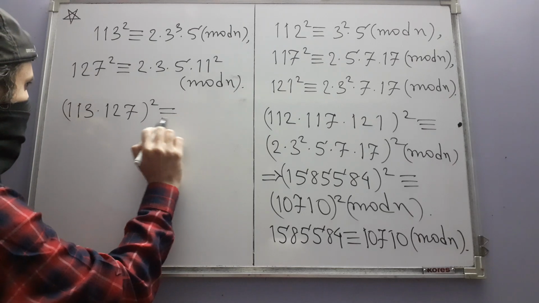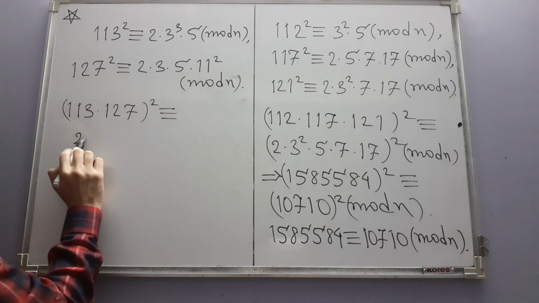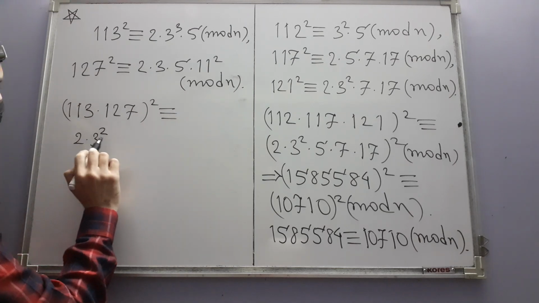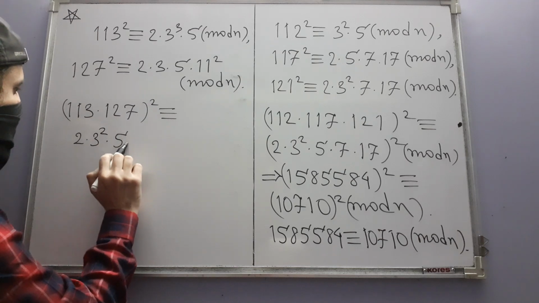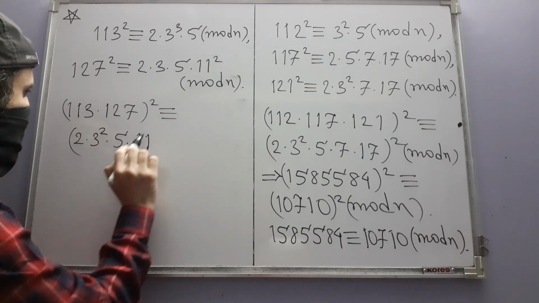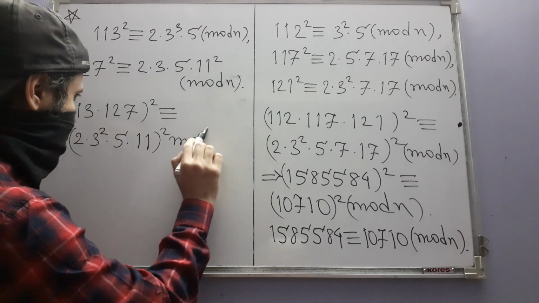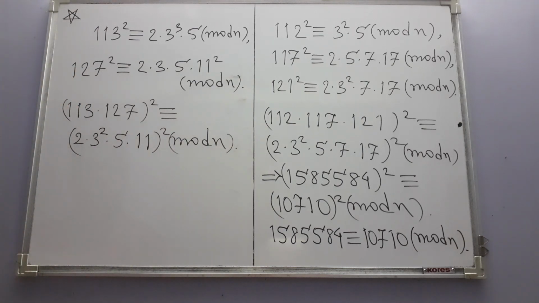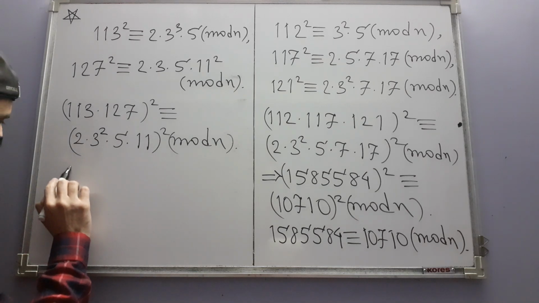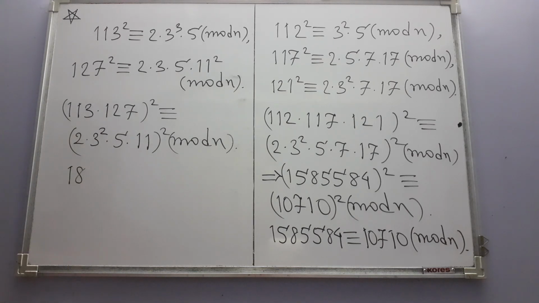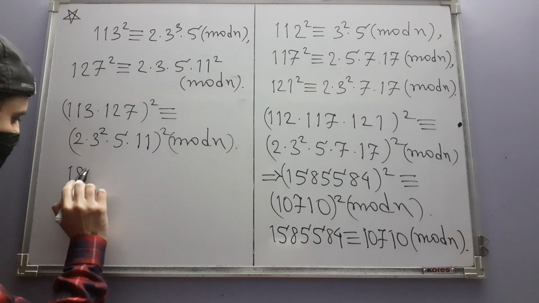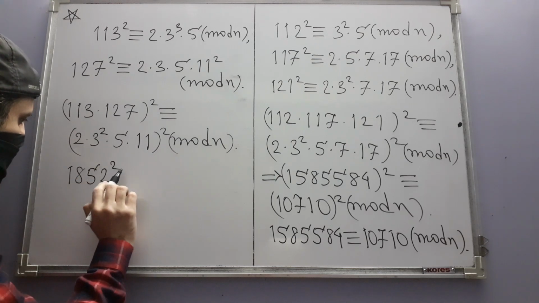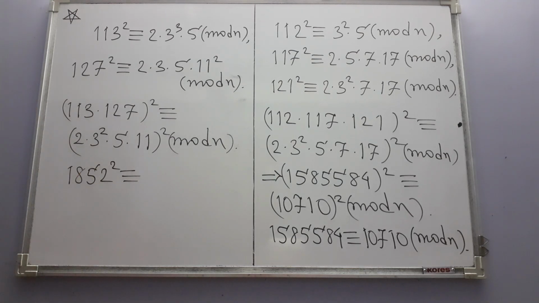So using these 2 congruences, we are going to get 2 times 3 square times 5 times 11 square modulo n. And this turned out to be, the first one becomes 1852 and the second one is 990.